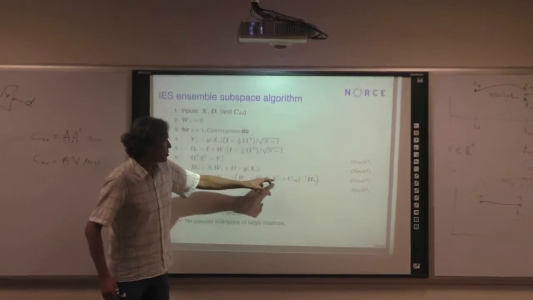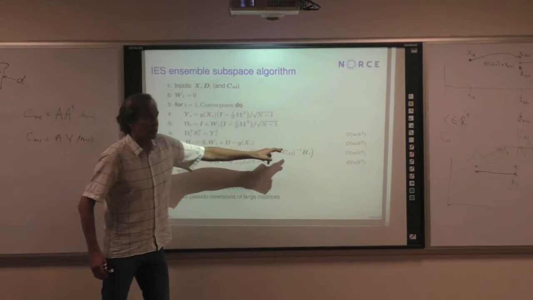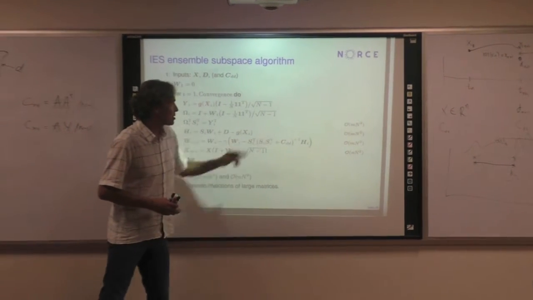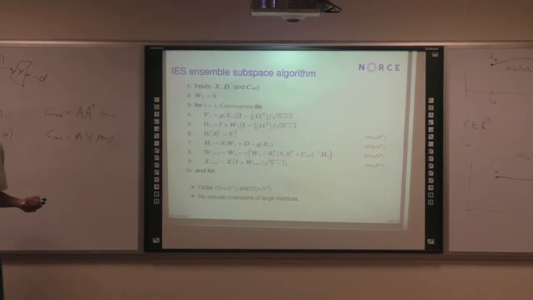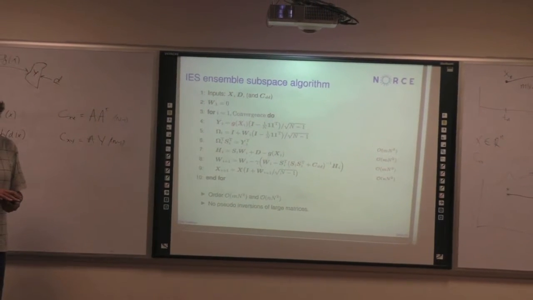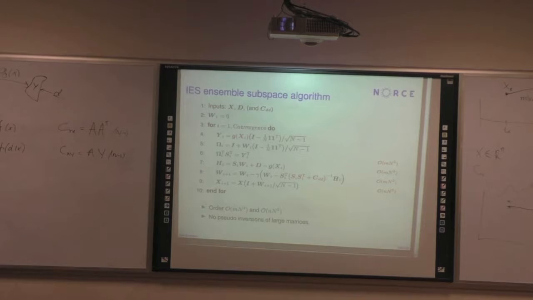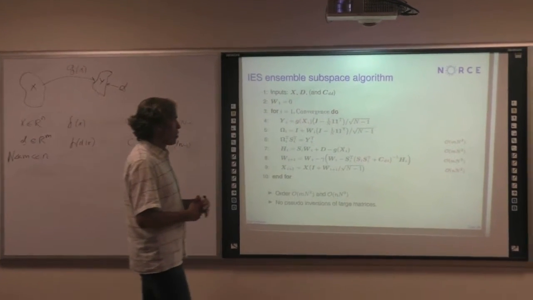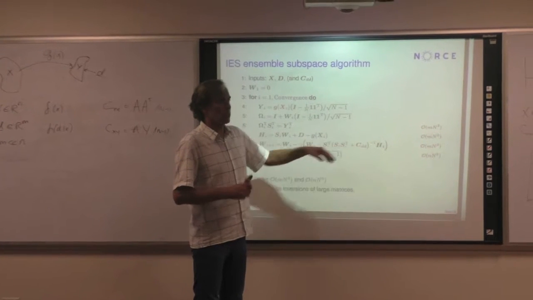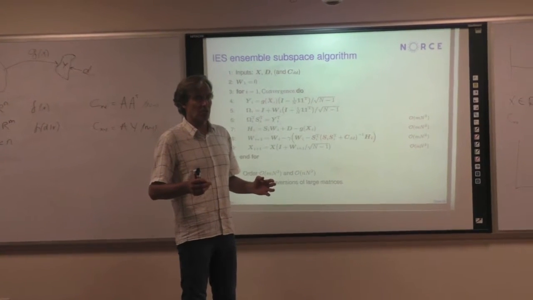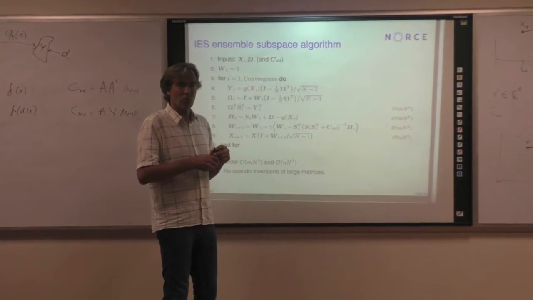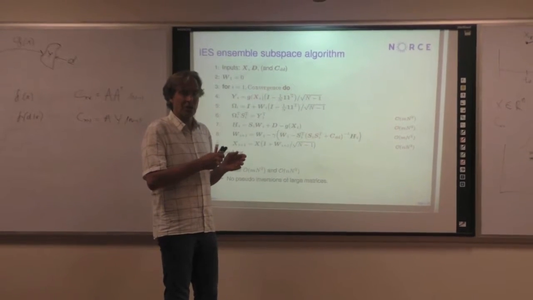So the issue then is how to solve this one. Because now we have to compute the inverse of this, and this matrix is the size of the number of measurements squared. And the number of measurements is much more than the ensemble size. But then, why would you invert a matrix the size of the number of measurements if you only want to compute n coefficients, one for each realization?